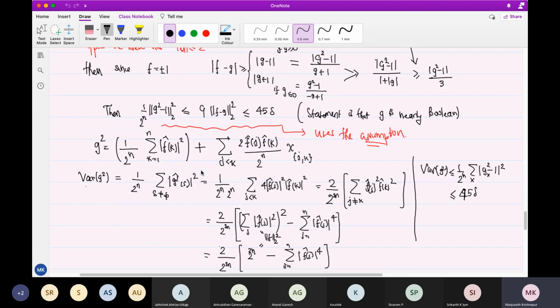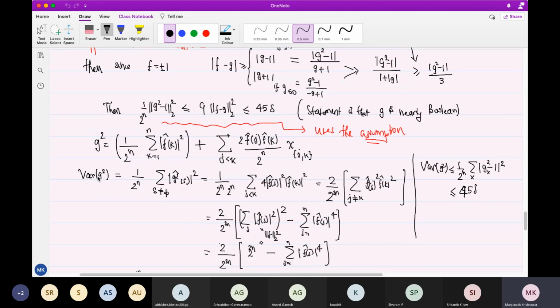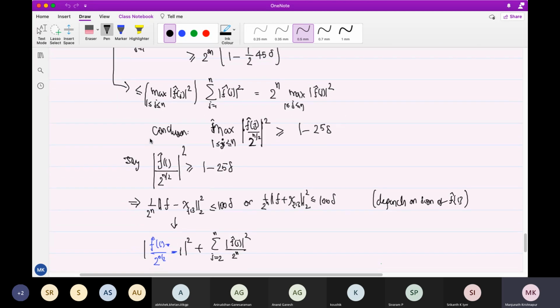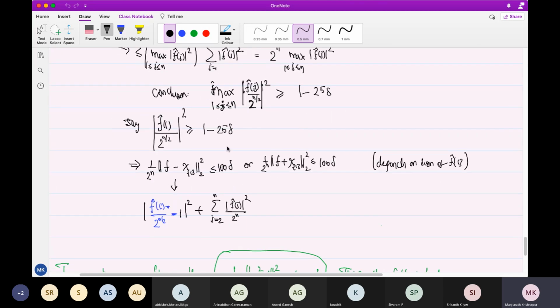What I showed earlier was that if you can show that g squared is close to 1, in the sense that g squared minus 1, L2 norm squared divided by 2 to the n, is at most some constant delta, then from there we can deduce that actually one of the coefficients is large.